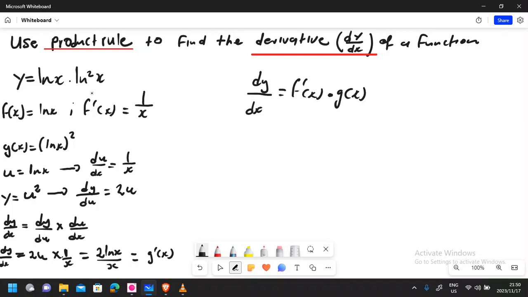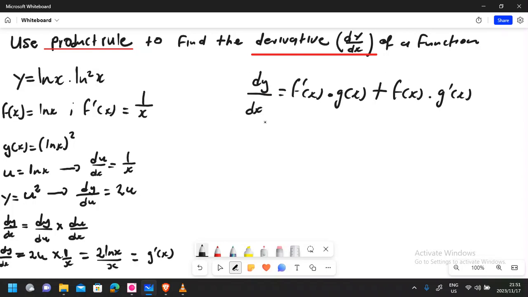So g of x in this case is natural log x squared. So you can write it like the original. Plus, after that we don't derive f of x this time around. F of x, we write it as it is, multiplied by g of x prime. Guys, this is the formula for the product rule.